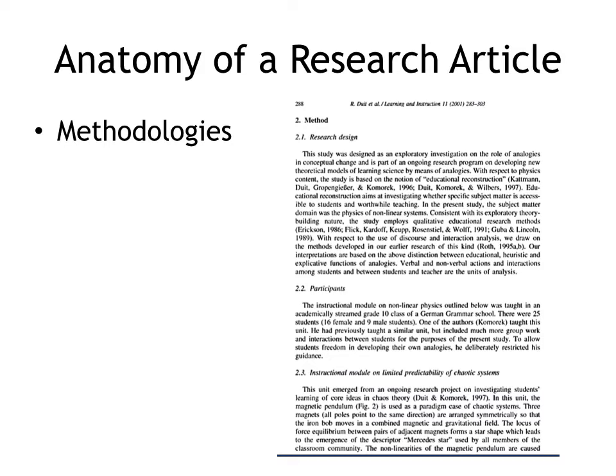In a quantitative article, you will then have a really detailed section on the methodologies. This should be so detailed that someone else could come along and follow the procedures and replicate the study.